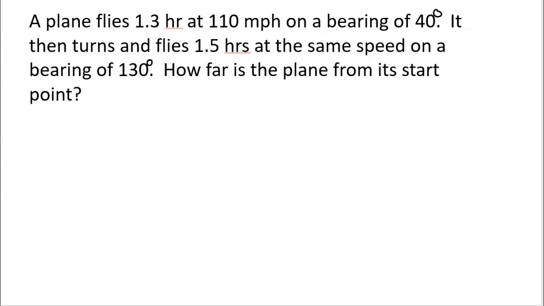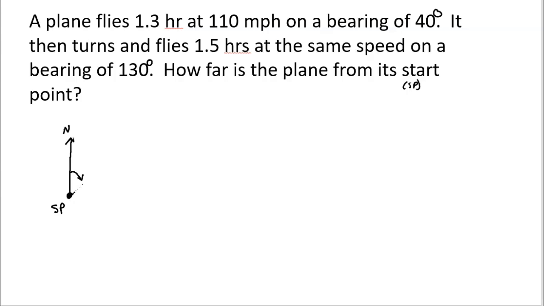All right, let's go ahead and draw what we know. Let's say that this right here is my start point. Here's, again, due north. I'm going to call this my SP for start point. It flies a bearing of 40 degrees, so 40 degrees would leave me right about here.